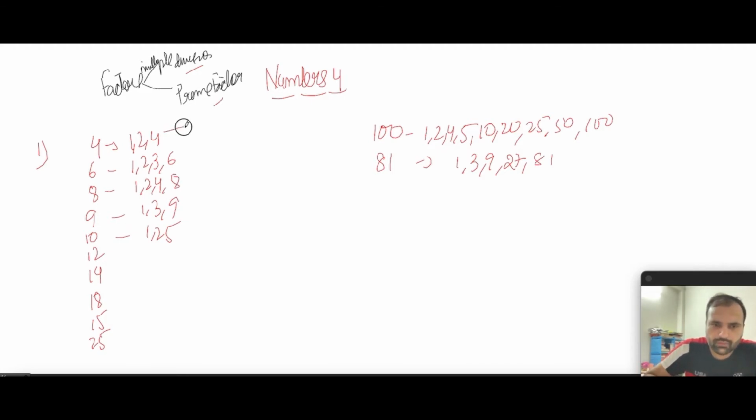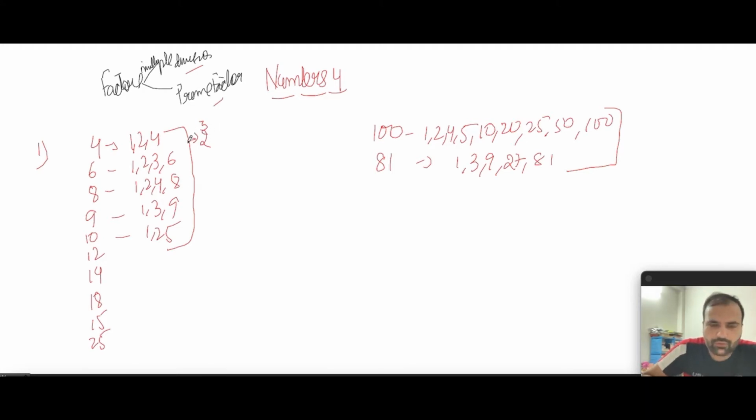So what if we try to convert these factors into a prime base sort of thing? Let's say 4 has 3 factors, isn't it? So can we write 2 to the power 3, because 4 has 3 factors? I know it's going to be 2 square, but I've written it purposely because I want to show you something.